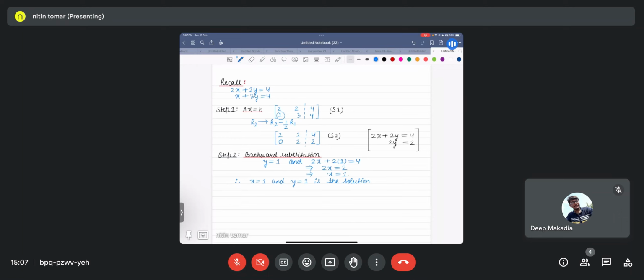If you see through it directly, what did you do? You just subtracted some scalar multiple of the first equation from the second row. Now think logically, should it change the solution?